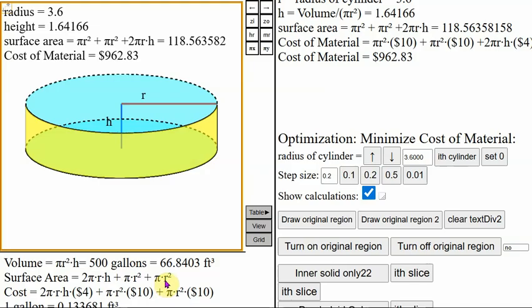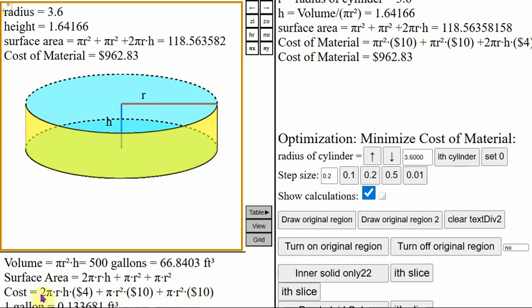The material cost for the surface area around the cylinder is $4 per square foot, so we multiply the 2 pi r h by 4. The material cost for the top and the bottom is $10 per square foot, so we multiply by 10 and by 10.